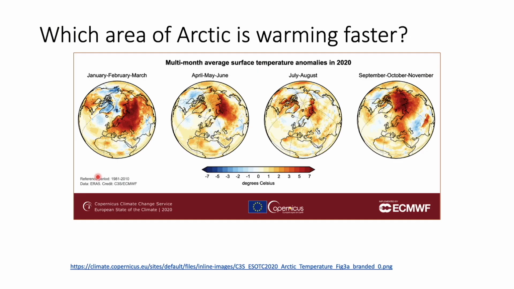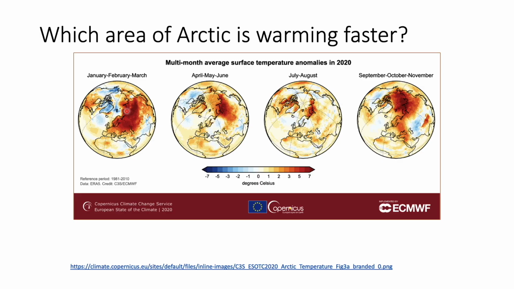And if we look very clearly at the entire Arctic region, which area of the Arctic is warming? If you look very carefully, the Eastern Arctic, that is the Eurasian, the Siberian region, is becoming warmer, either in the January, February, March period, the April, May, June period, the July, August period, or even the September, October, November period. We see the dark red color. The dark red color is equivalent to around a 5 to 7 degree increase in temperature in these regions.